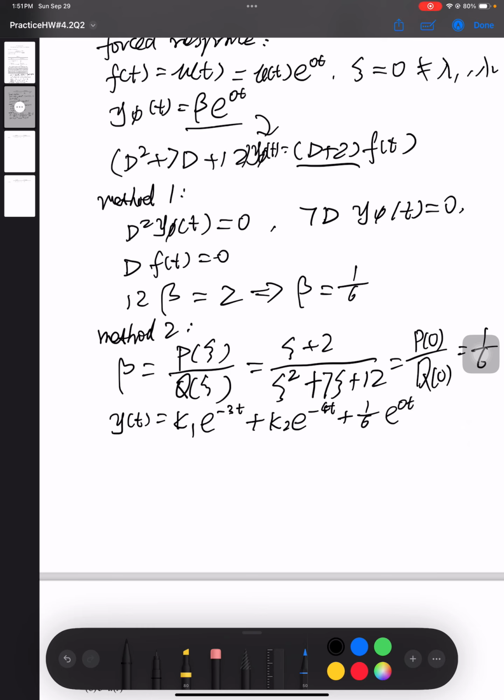This part is the natural response and this part is the forced response.